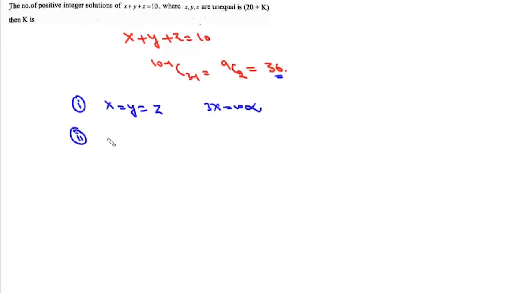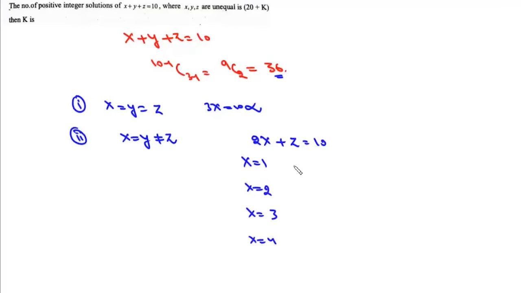Now we'll take the second case where x is equal to y, but it is unequal to z. Now we can write this as 2x plus z, and it'll be equal to 10. Now here this variable x can take the value from 1 to 4. So the value of x can be 1, 2, 3 and 4.